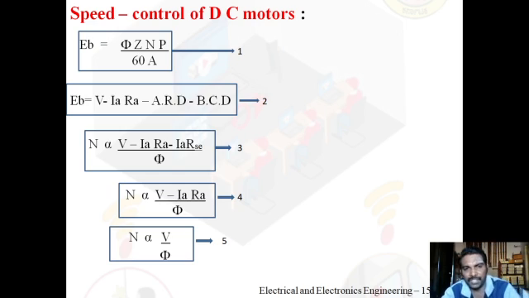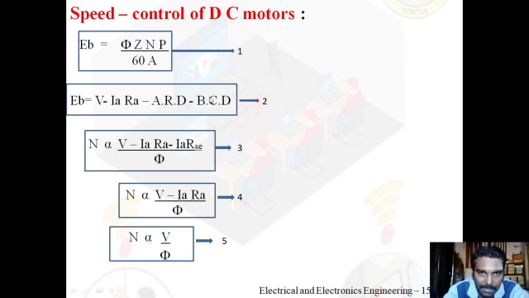The armature reaction drop is due to the effect of armature flux on the main flux. Because of this, some amount of voltage drop takes place in the armature, which is called the armature reaction drop.